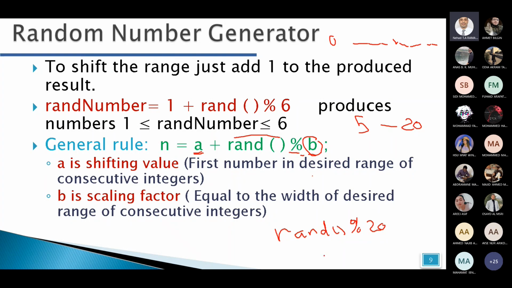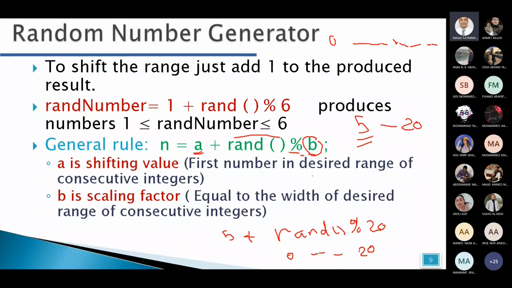Okay, this will give me numbers from 0 to 20, but I need it from 5, so I will say 5 plus random mod 20.